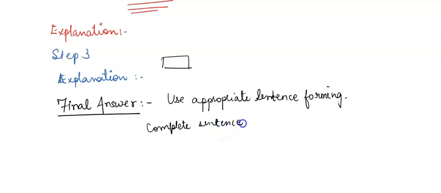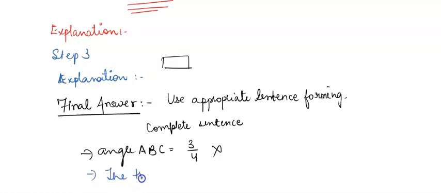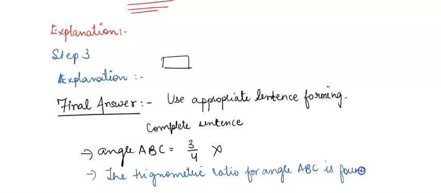For example, if you have to find angle ABC having a trigonometric ratio of 3/4, instead of writing the final answer as this, you have to write it: the trigonometric ratio for angle ABC is found to be 3/4 by the above calculation.